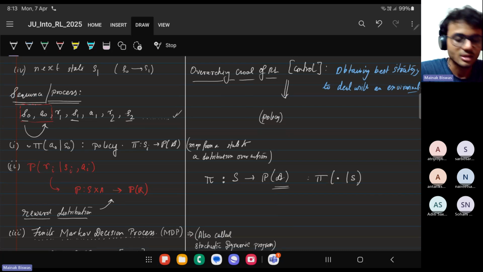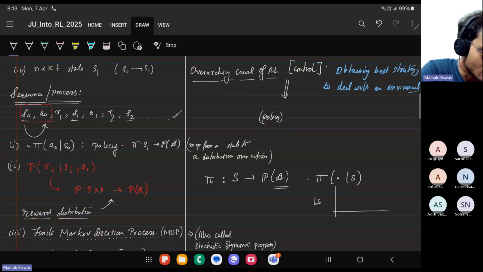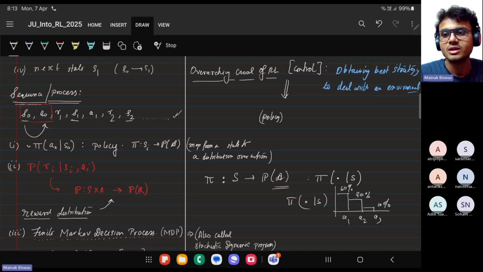Given a state S, this will give you a distribution: A1, A2, A3 under pi. Say this is 60% probability, this is 20%, this is 30%, and this is 10%. Everybody clear?